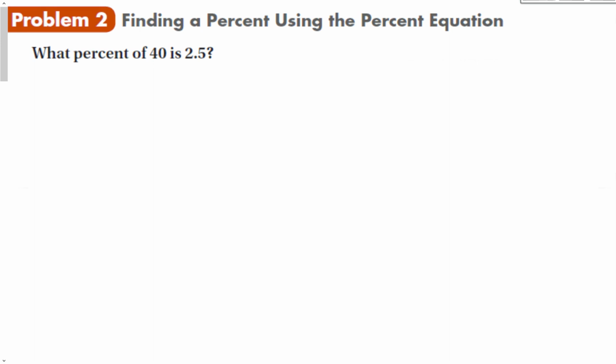So let's, in this example, use the equation instead of the proportion. So A is equal to some P percent times the base. Okay, so, right, this is my answer. 2.5 is equal to some percent times 40.